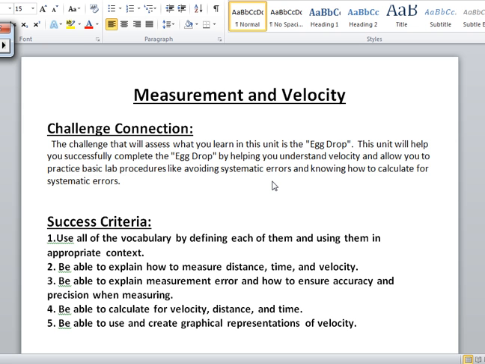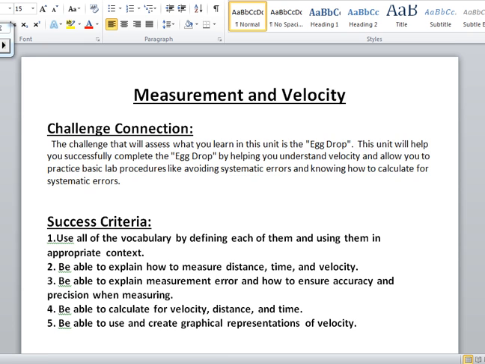There's a lot of folks that are coming into high school that don't even know about velocity, and it's important to know when it comes to doing our egg drop. Okay, if you don't know velocity, then you can't understand acceleration. If you don't understand acceleration, you're not going to understand pressure. So again, this is a building block in this challenge of the egg drop.